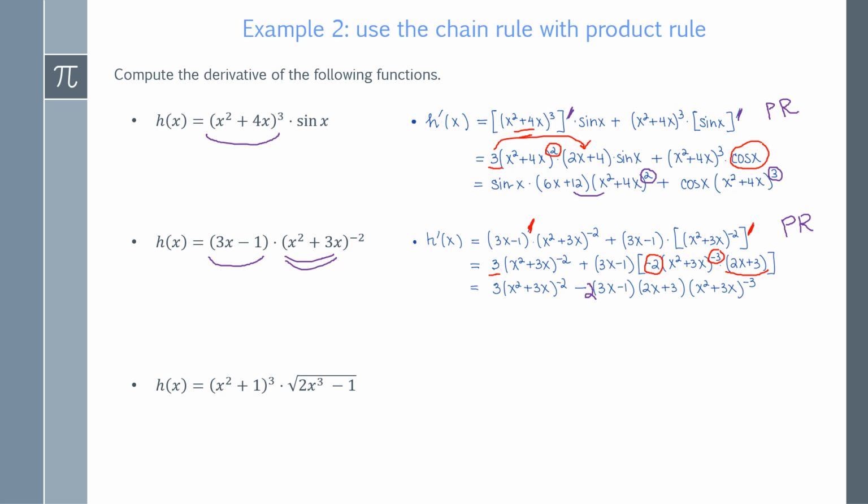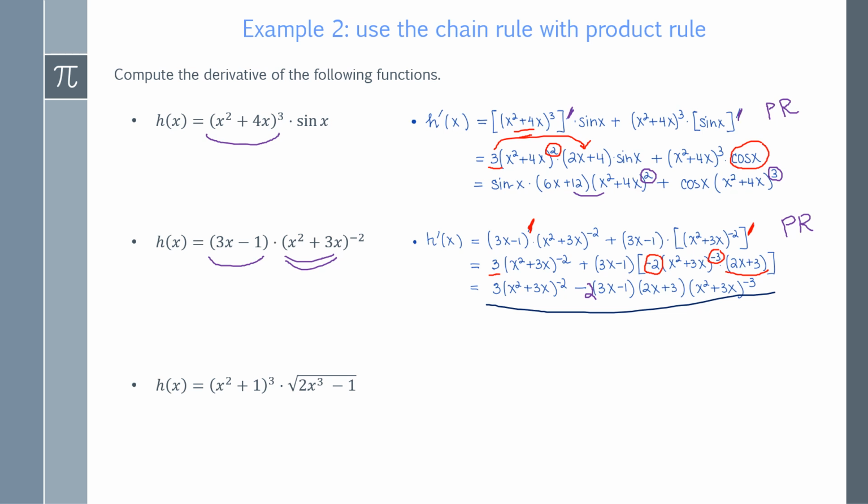Again, I'm not going to multiply anything through. If you would like to write this as fractions with positive powers, that's fine as well. All of these are equivalent, so whichever way you want to write it is completely fine. You can just leave it as is. So that's going to be your final answer for the derivative of this function.